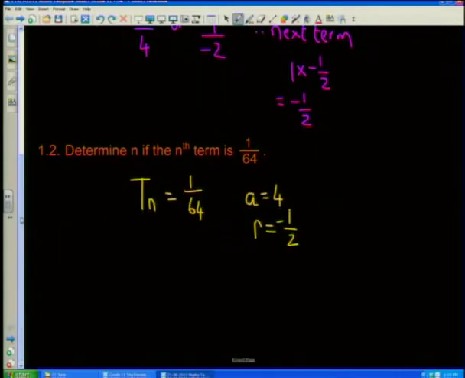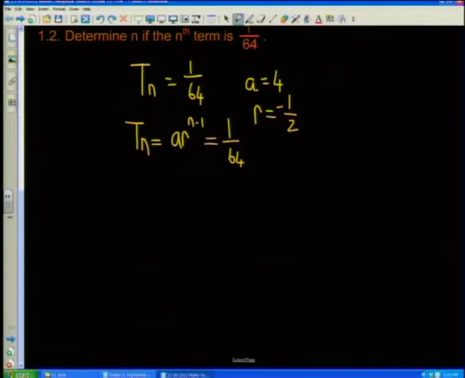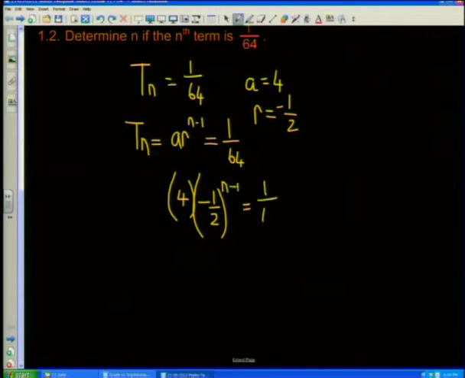Looking at the formula sheet, the nth term of a geometric sequence is a r to the n minus 1, and we set that equal to 1/64. This has three variables: a, r and n. We know a, it's 4, and we know r, it is -1/2, to the exponent n minus 1, and that equals 1/64.